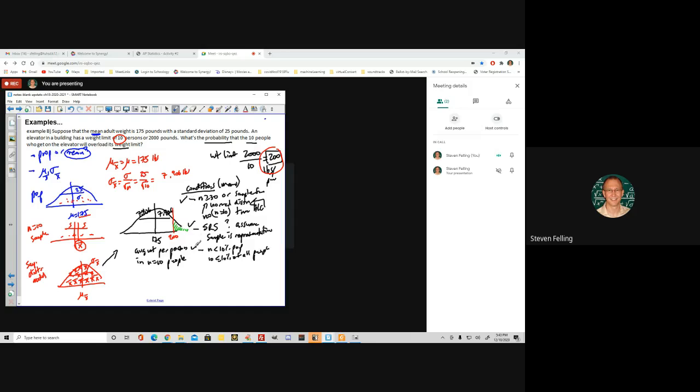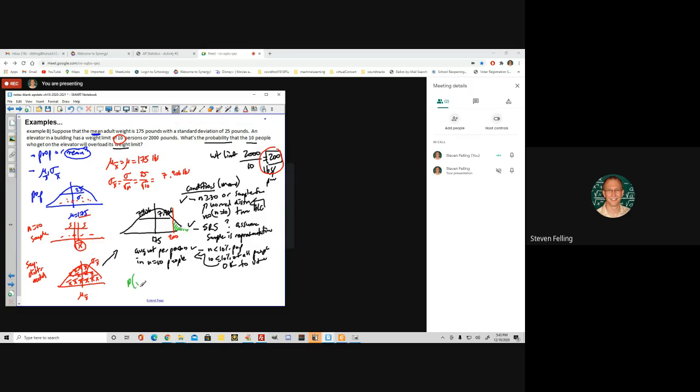So we've met the three conditions, and that means it's okay to use this distribution over here to do probability calculations. So now we're just going to find the probability of having the average weight per person be at least 200 pounds.